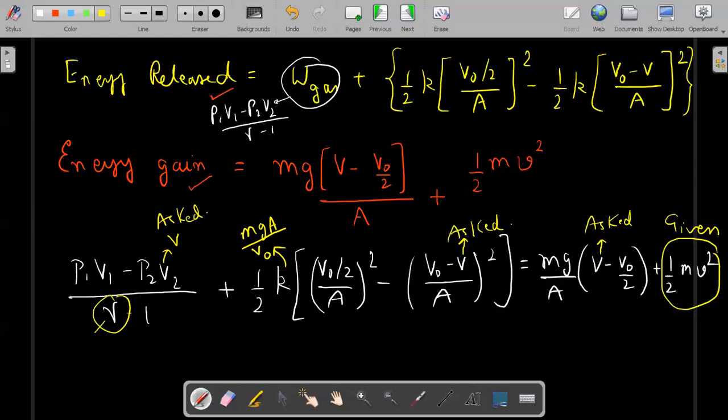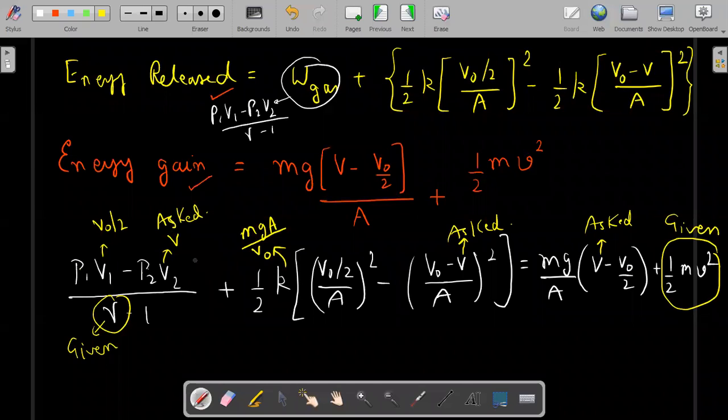Gamma is given in this question. V1, the original volume, is given as V naught by 2. Now we just have to find the value of P1 and P2. You have to solve for P1 and P2 now, and that can be solved by the adiabatic process.